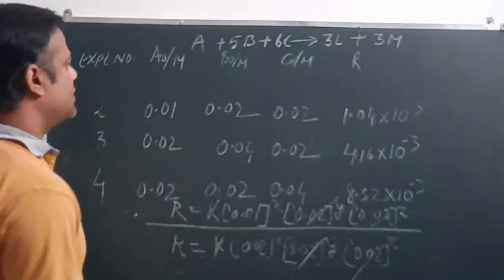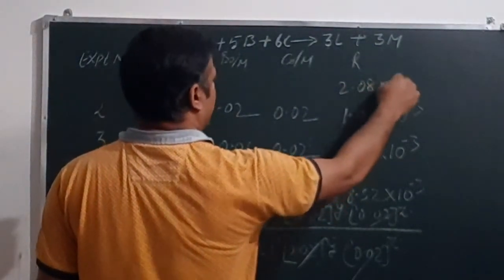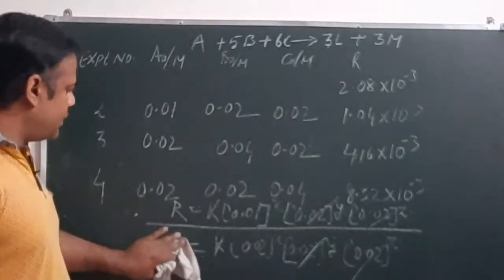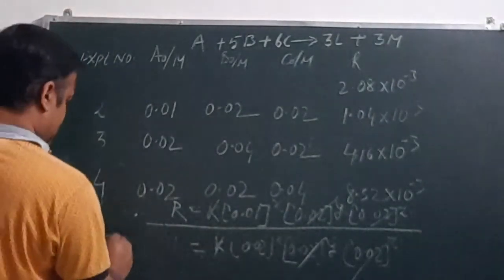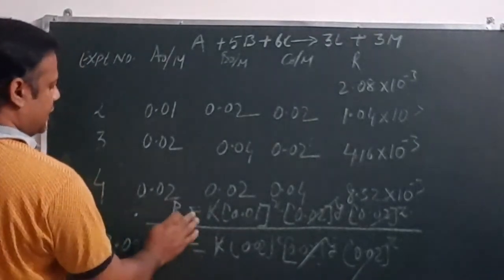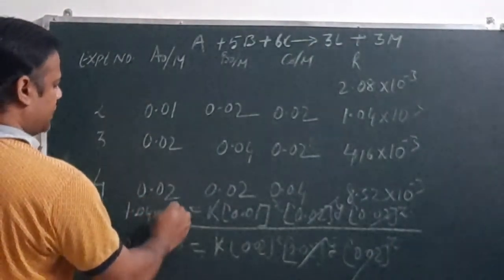In the first case, the rate was 2.08 into 10 to the power minus 3, and then we will write the second experimental value 1.04 into 10 to the power minus 3.